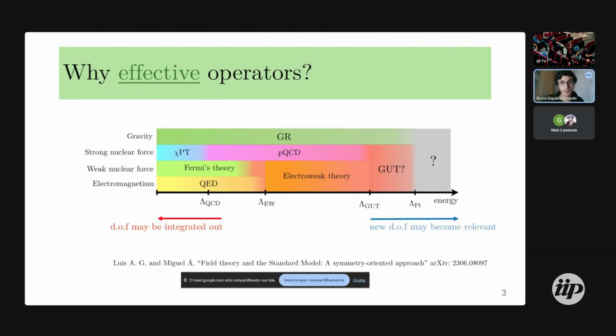Some examples of these effective field theories: I think the most famous one is Fermi's theory of weak interactions. You include a four-fermion operator, and from that you could search for deviations of these coefficients.